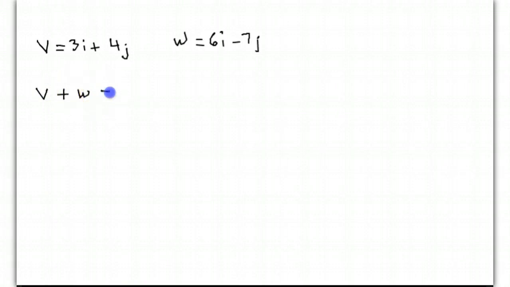Well, you know what the vector v is. The vector v is 3i plus 4j, and you're adding that to the vector w, which is 6i minus 7j.